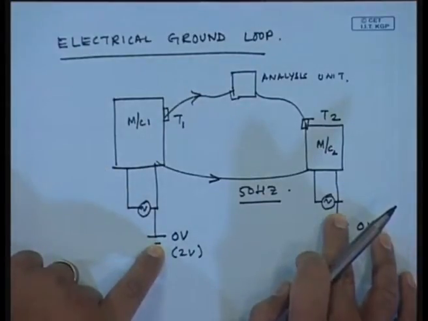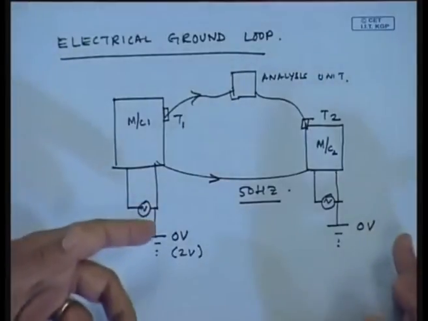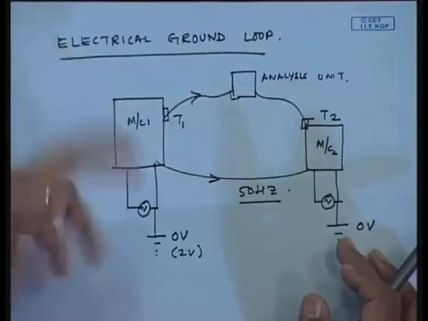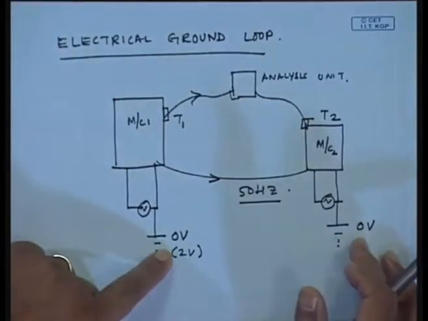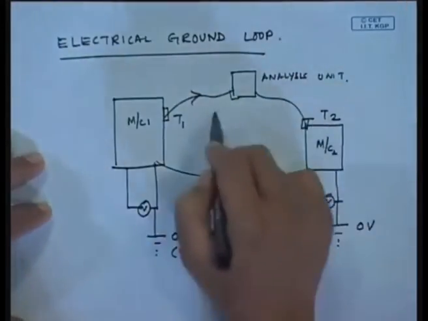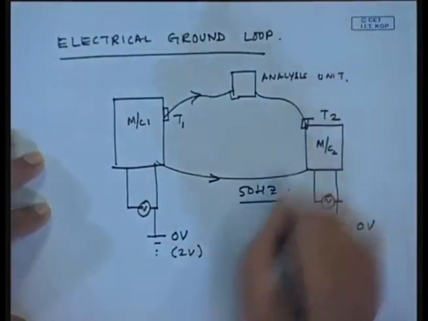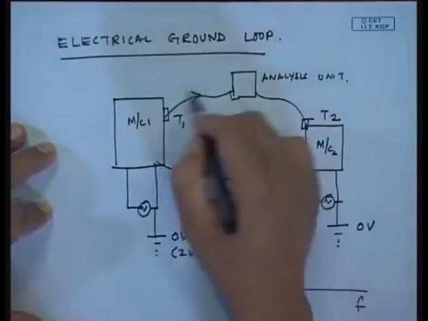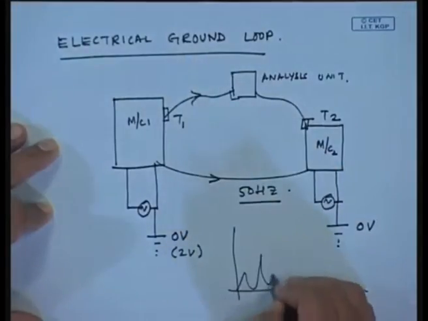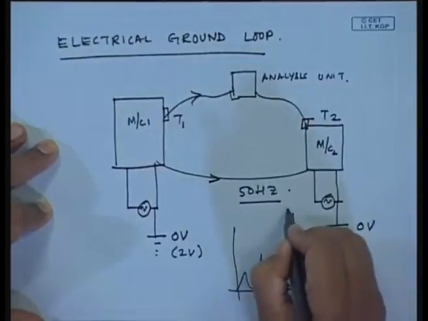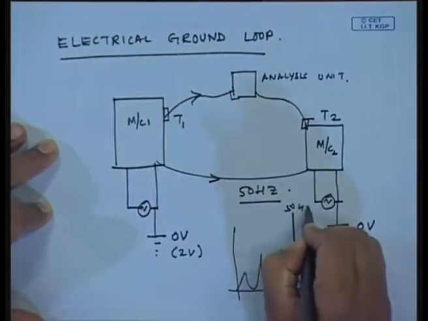We may very notionally say, well, they are all at the same ground, but in real life between rooms you would have seen one is not at perfect ground, that is perfect earthing. Even if 2 volts is there, this is large enough for a current to flow, and whenever we do the analysis in the frequency domain, you may be doing vibration measurements, all the vibration measurements will come, but there will be a strong 50 hertz signal.